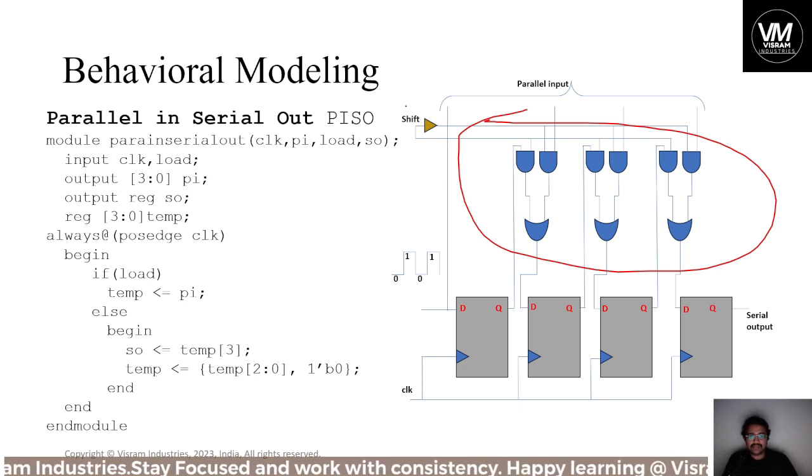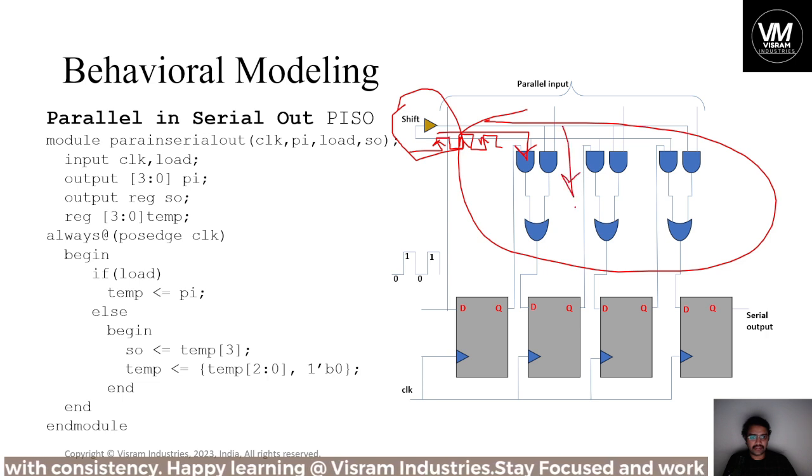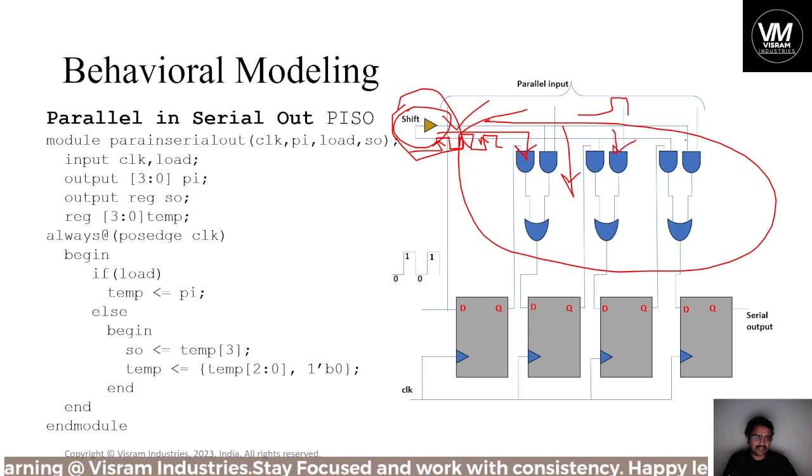Okay, so this shift is nothing but the time pulse; this shift buffer will push the clock pulse. For every clock pulse, it will push the data through this logic and through the wires. So this shift buffer is used to produce the clock pulse for these AND gates and OR gates.